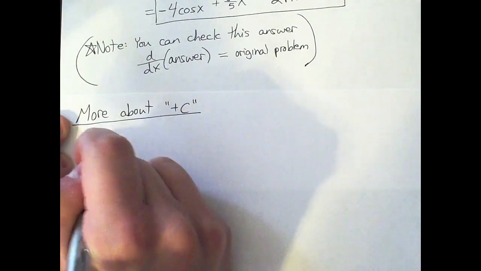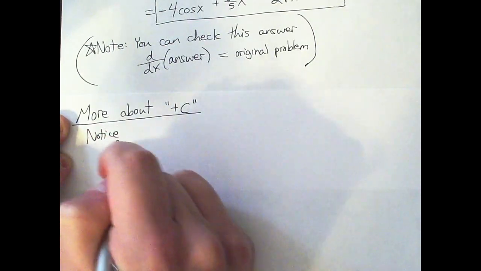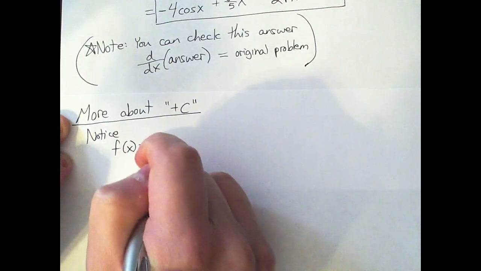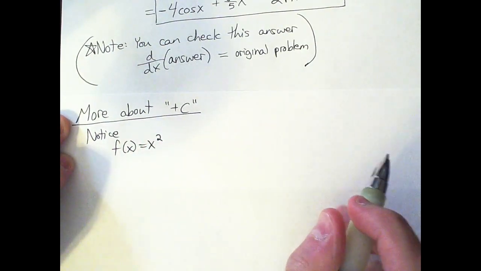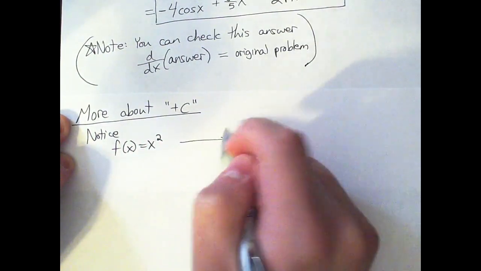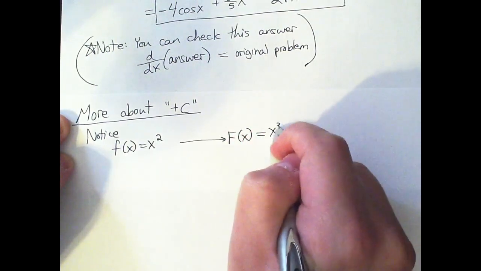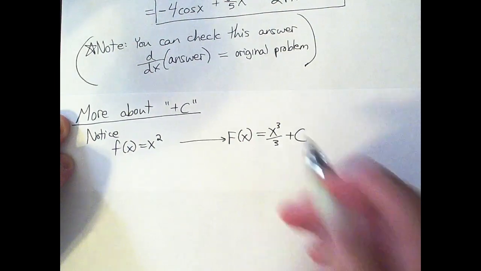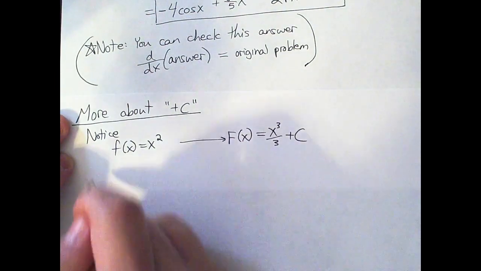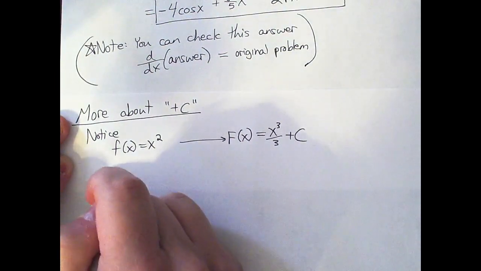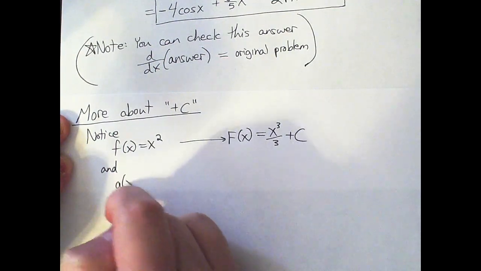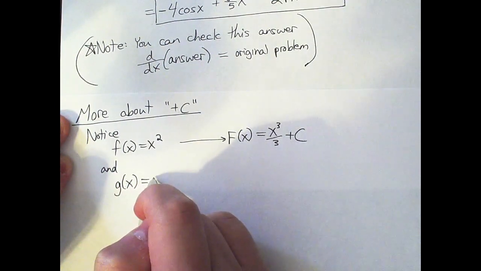All right, so notice if I had lowercase f of x equals x squared, we would say the most general antiderivative of this would be capital F of x equals x cubed over 3 plus c. And what if I had g of x equals x cubed?